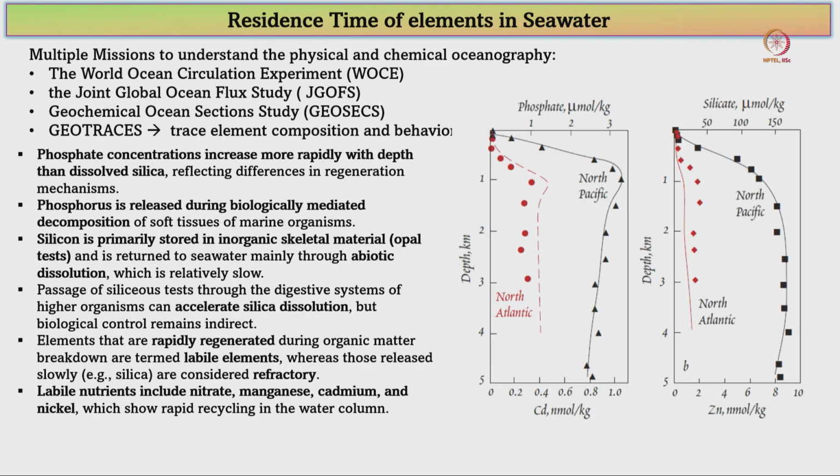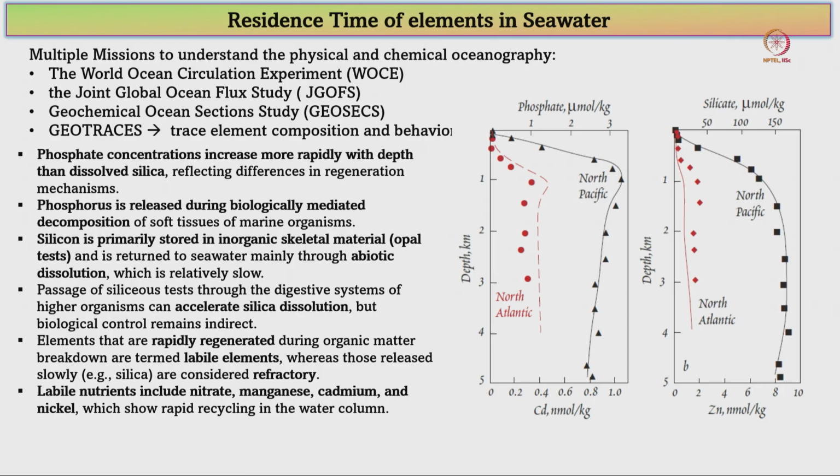And elemental concentrations were not very well known until the 1950s and 60s, and we realized that a lot of joint missions had to be done, because the scientific community slowly understood that it is not possible for a single country or a single research team to do very conclusive research because of the vastness of the oceans.